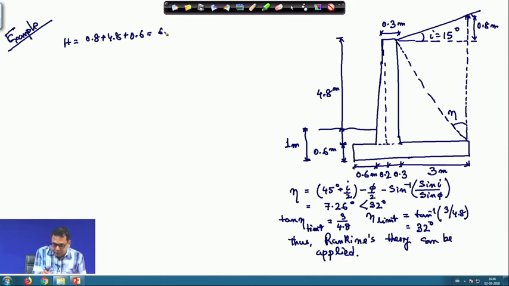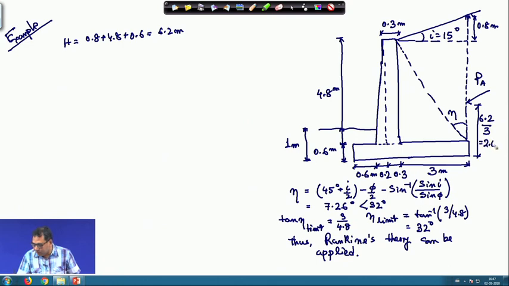So, this is 6.2 meter. So, the force P A acts at a height of 6.2 divided by 3, that is equal to 2.07 meter.